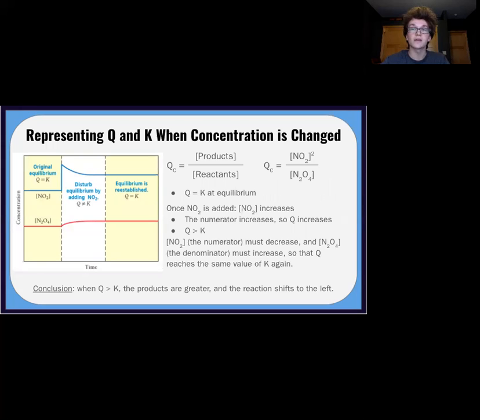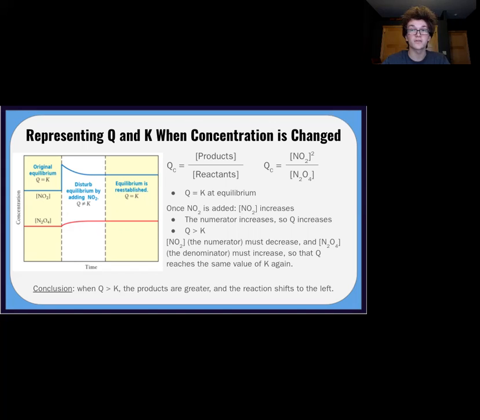When the system is at equilibrium originally, the values of the concentrations are constant. In the equilibrium expression, plugging in the concentrations at any time for Q will equal the value of K at equilibrium. But then, more NO2 is added to the system, increasing its concentration. The concentration of NO2 increases, so the numerator and therefore the value of Q also increases.